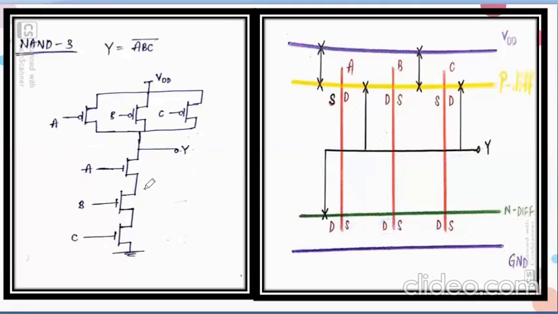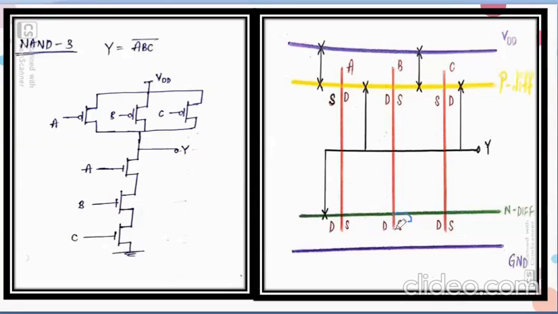Then my source of B and the drain of C are interconnected.